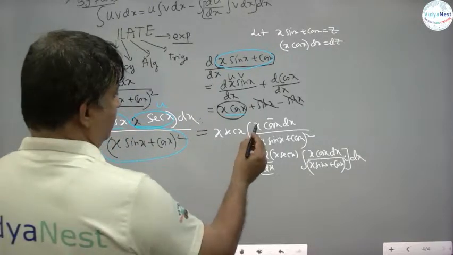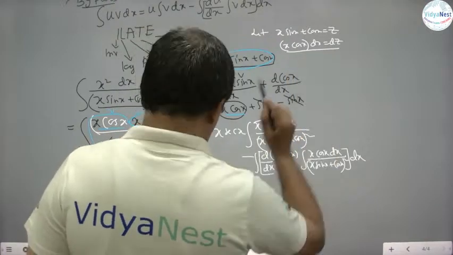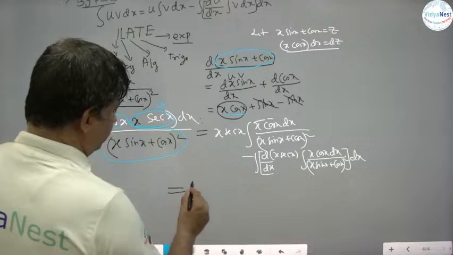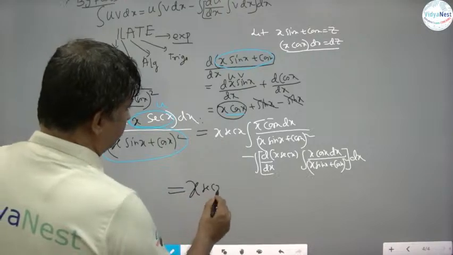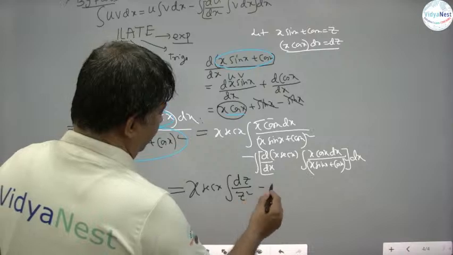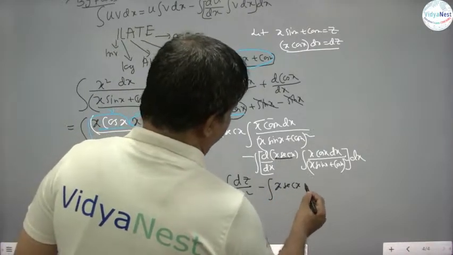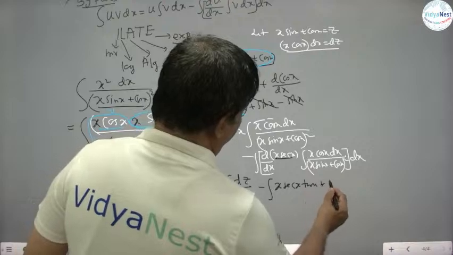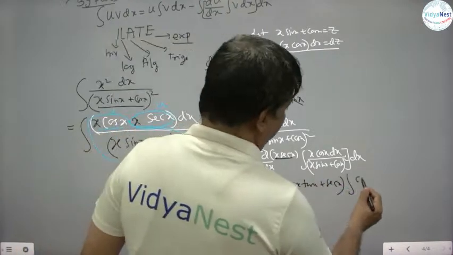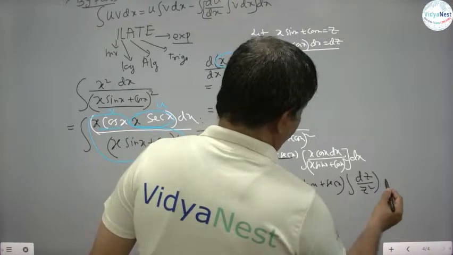See, instead of this x cos x, I can put dz. Dz by z square, u v, x sec x tan x plus sec x, and this part dz z square whole dx.